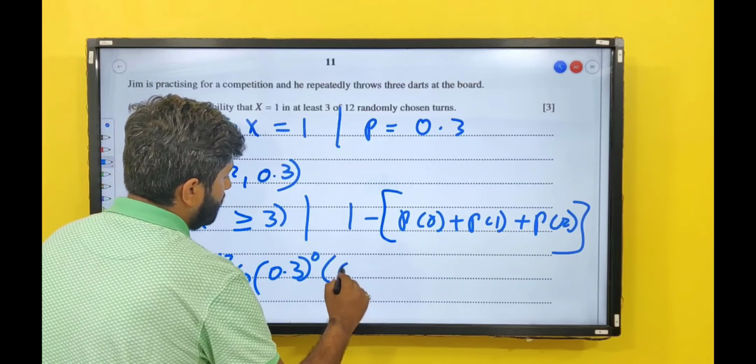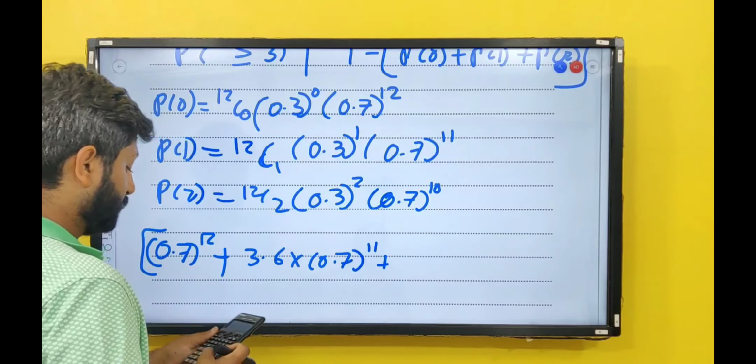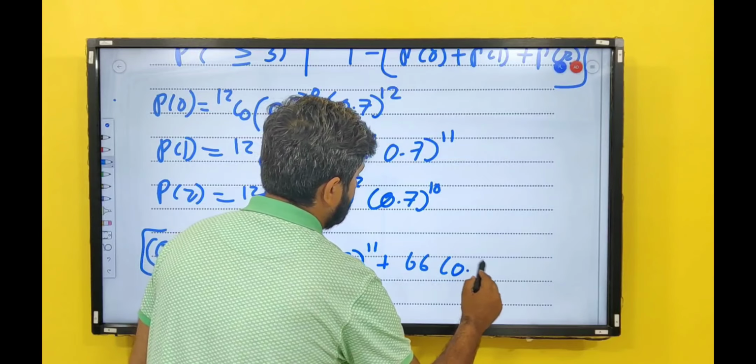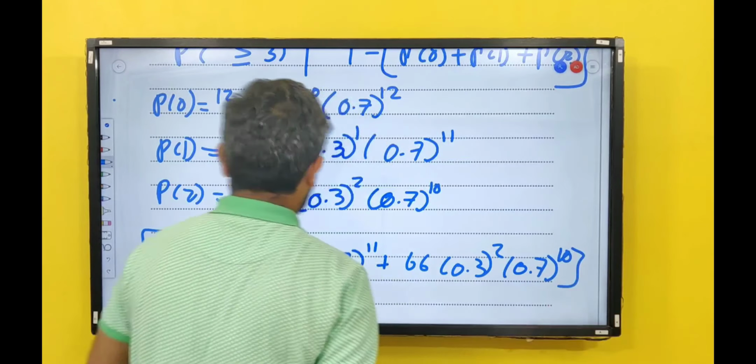So this is going to be 0.7 power 12 plus 12C1 is 12, 12 into 0.3, which is 3.6, 3.6 into 0.7 power 11 plus 12C2 is 66, so I have 66 into 0.3 square into 0.7 power 10. Let me add all of this.